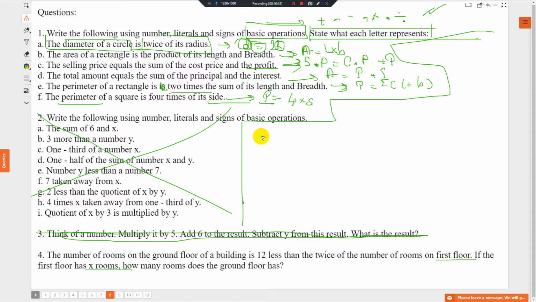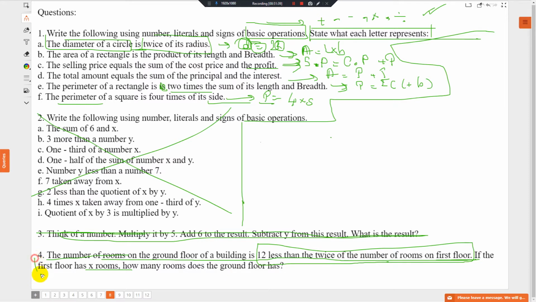So here, the ground floor of a building has 12 less than twice the number of rooms on the first floor.